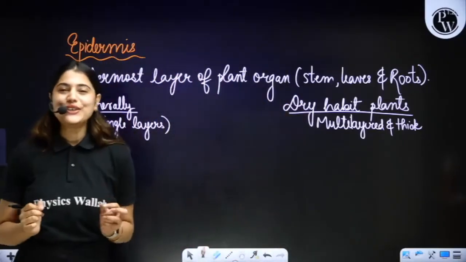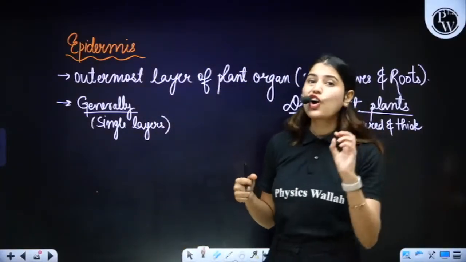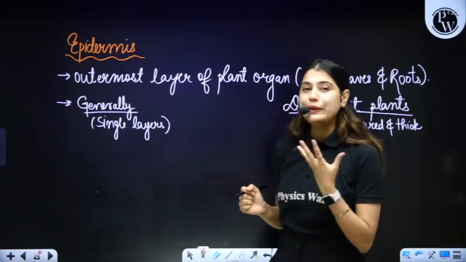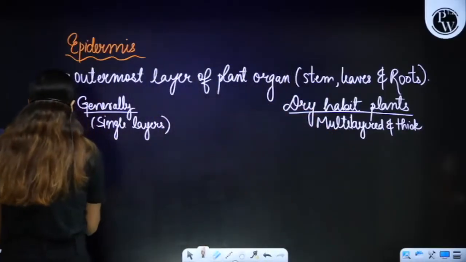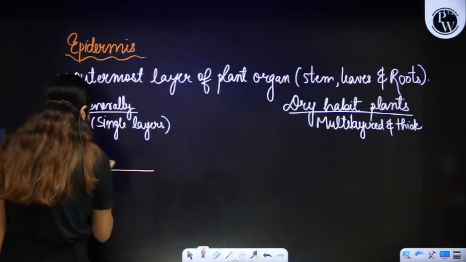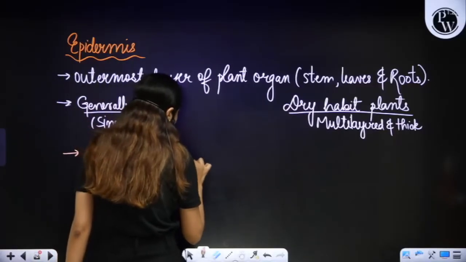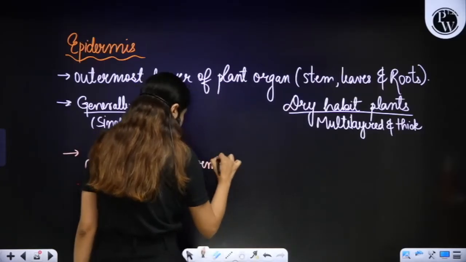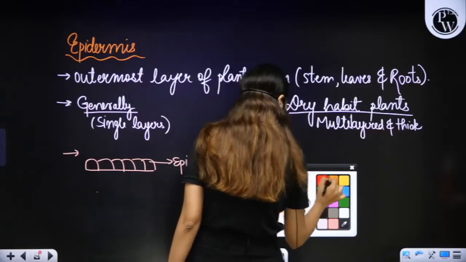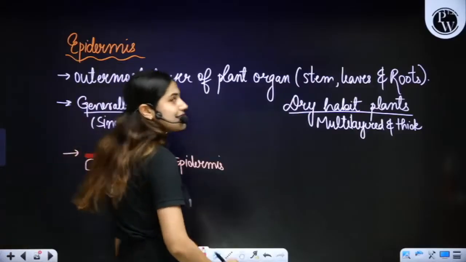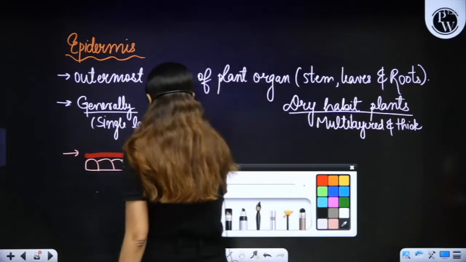Next point, the epidermis secretes a waxy layer called the cuticle, which is made up of a waxy substance called cutin. Let's say this is my epidermal layer. Over the epidermis, I am going to find this waxy layer called the cuticle, made by the cells of the epidermis only.